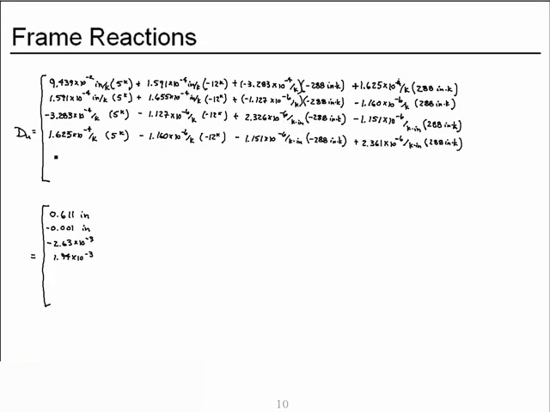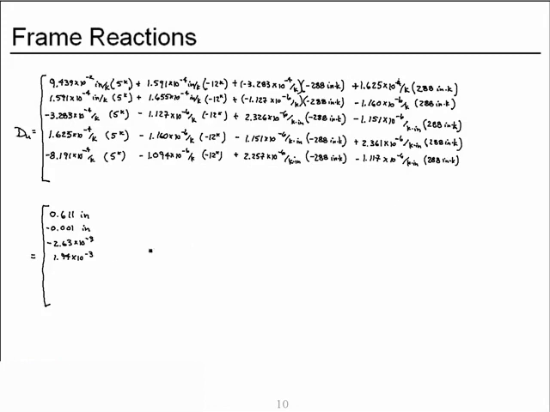Now degree of freedom 5, minus 8.191 times 10 to the minus 4 per kip times the 5 kips minus 1.094 times 10 to the minus 6 per kip times the minus 12 kips plus 2.257 times 10 to the minus 6 per kip inch times the minus 288 inch kips minus 1.117 times 10 to the minus 6 per kip inch times the 288 inch kips.